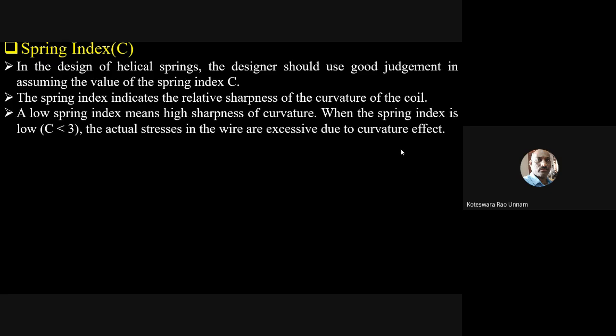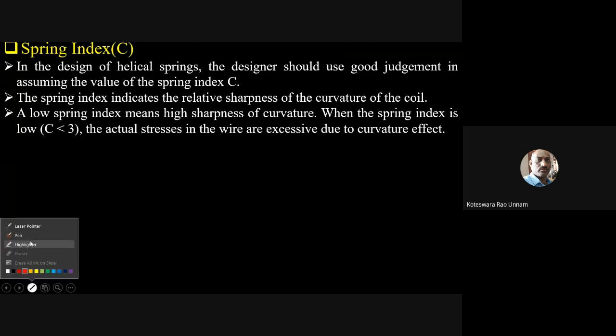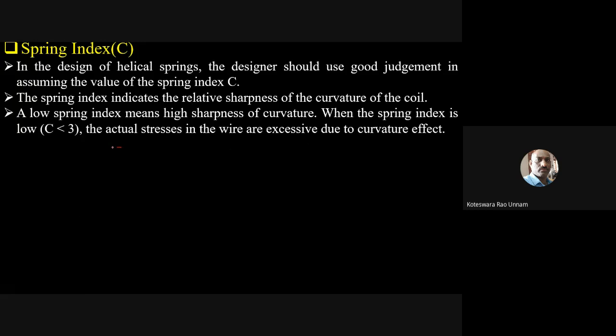Suppose the spring index is low, a low spring index means high sharpness. So what case are we going to get? C less than 3 means capital D is less than 3 times small d.